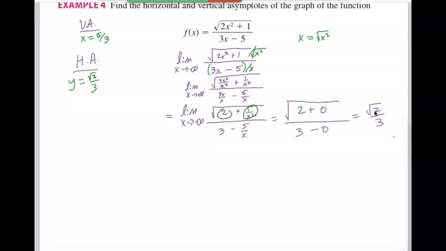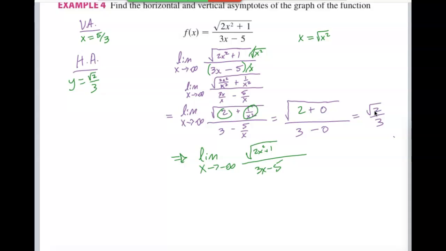Now, everything about this, when we approach negative infinity, is going to be the same. And it's going to come out the same way, except one thing that we have to be careful about. When you let x approach negative infinity, you are using larger and larger negative numbers.